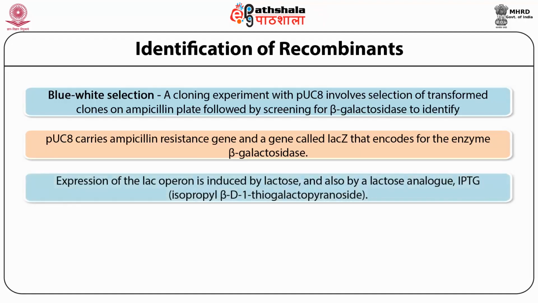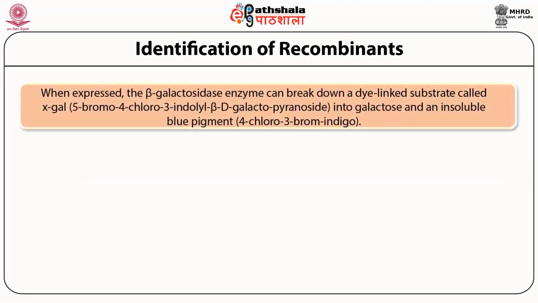Expression of the lac operon is induced by lactose in natural conditions and also by a lactose analog, IPTG, that is isopropyl beta-D-1-thiogalactopyranoside. When expressed, the beta-galactosidase enzyme can break down a dye-linked substrate called X-gal, whose chemical name is 5-bromo-4-chloro-3-indolyl beta-D-galactopyranoside.